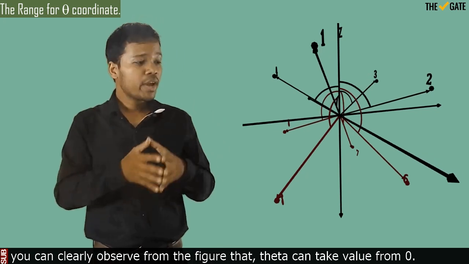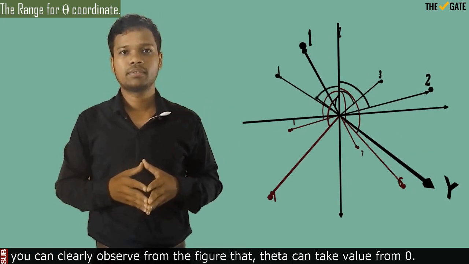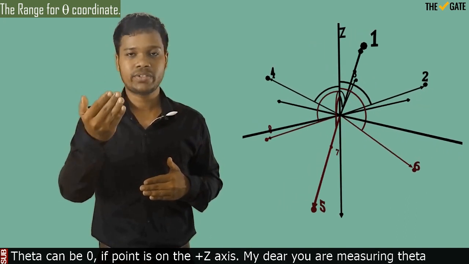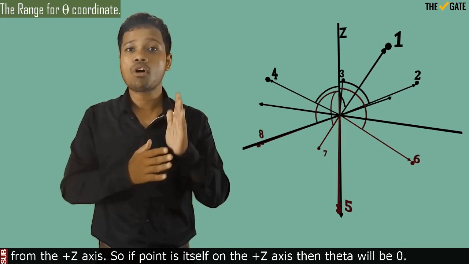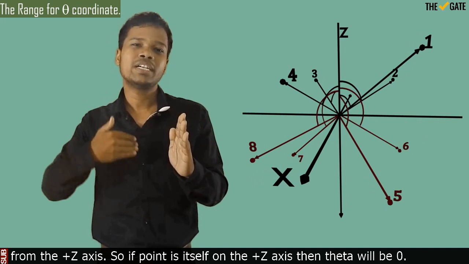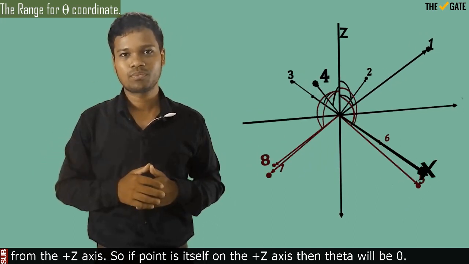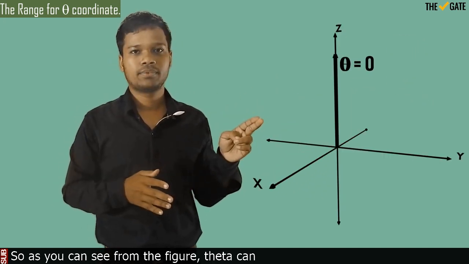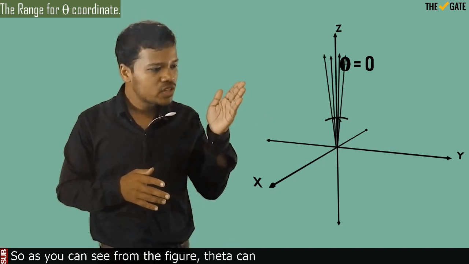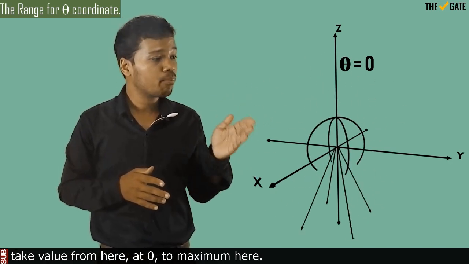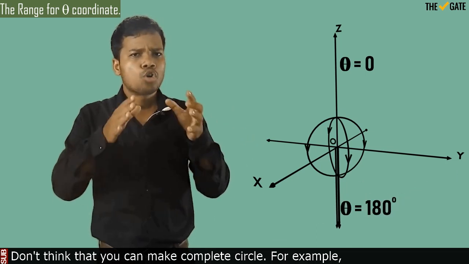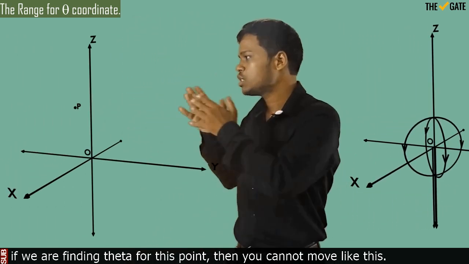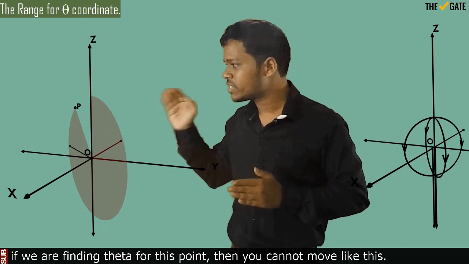So my dear, you can clearly observe from the figure that theta can take values from 0. Theta can be 0 if the point is on the plus z axis. My dear, you are measuring theta from the plus z axis. So if the point is itself on the plus z axis, then theta will be 0. So as you can see from the figure, theta can take values from here at 0 to maximum here. We can make one complete semicircle. Don't think that you can make a complete circle. For example, if you are finding theta for this point, then you cannot move like this.